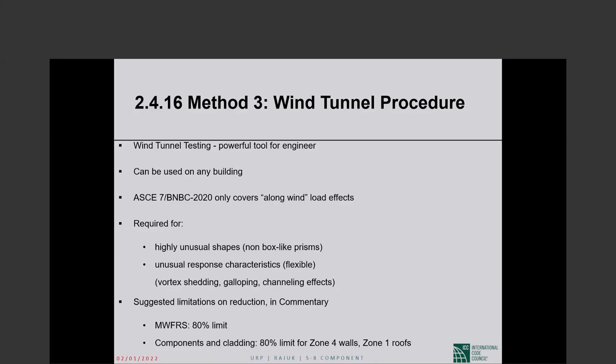Unusual response characteristics, that would be the case with highly flexible buildings. Then we should not try to use the analytical procedure. And then all the across-wind phenomena, vortex shedding, galloping, if you want to capture those, then you need wind tunnel testing. Now, in the commentary of ASCE 7-05, these things have all evolved.